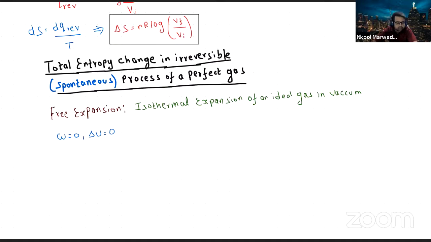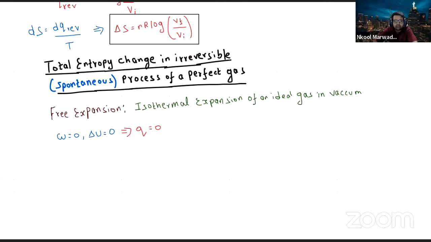From the first law of thermodynamics, if both the terms are 0, then Q has to be 0, or to be more precise, delta Q is 0.